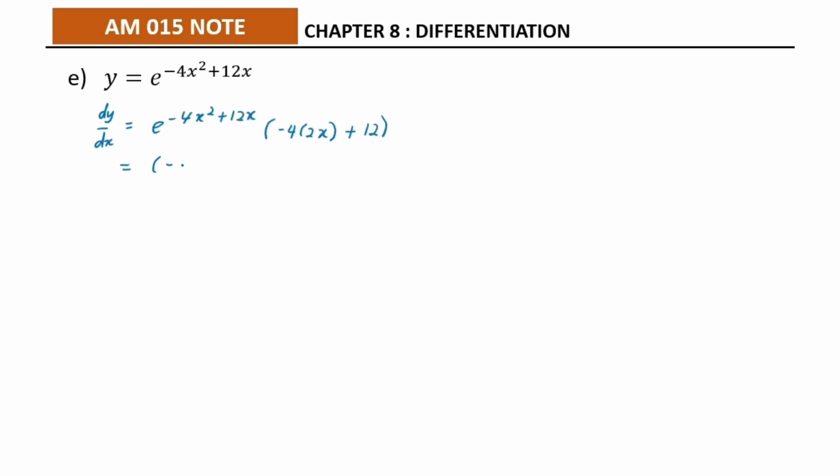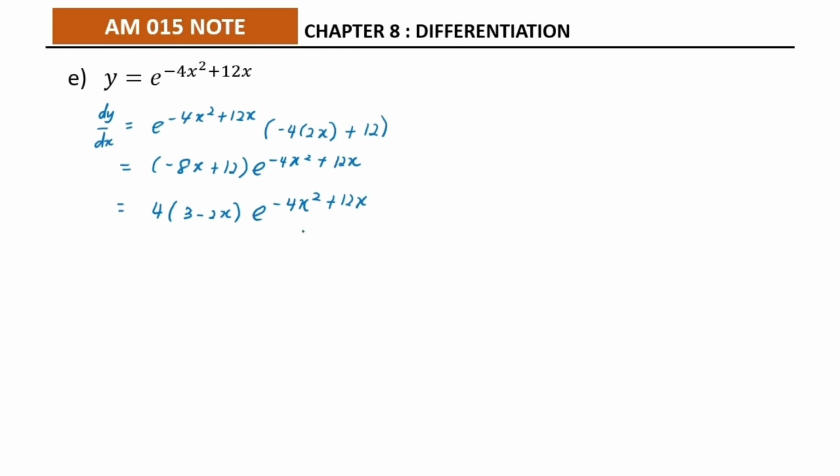Simplify the answer, negative 8x plus 12 times e power of negative 4x squared plus 12x. We can stop here or factorize 4, 3 minus 2x times e power of negative 4x squared plus 12x.